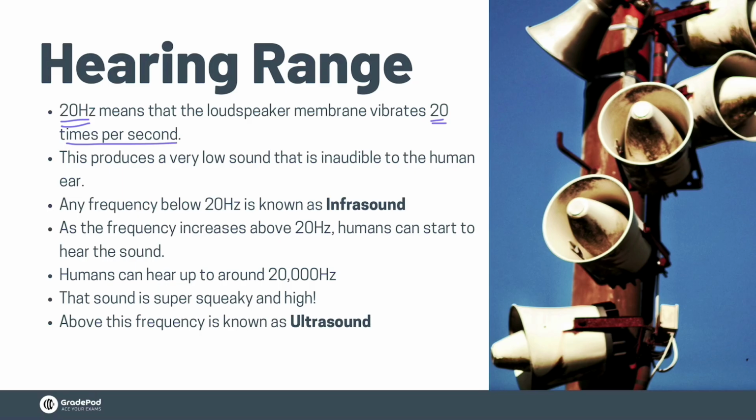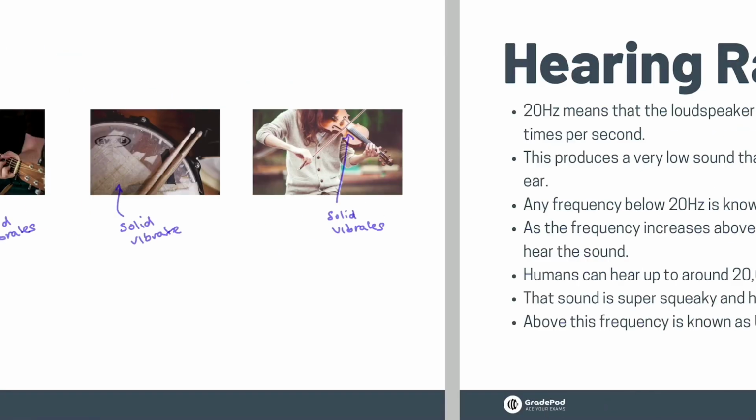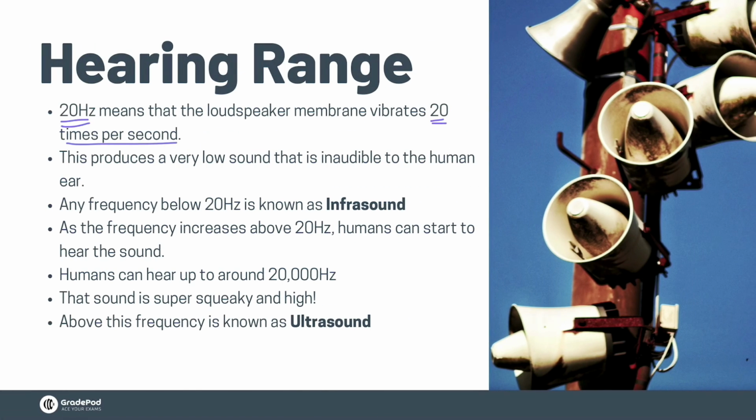So, I don't know if I can go as low as this, but like really low, the lowest sound ever that you can hear is 20 hertz. So if any of these solids vibrates at 20 times per second, or 20 hertz, it will produce the lowest sound you can hear. Any frequency below 20 hertz, so 0 to 20, is known as infrasound.